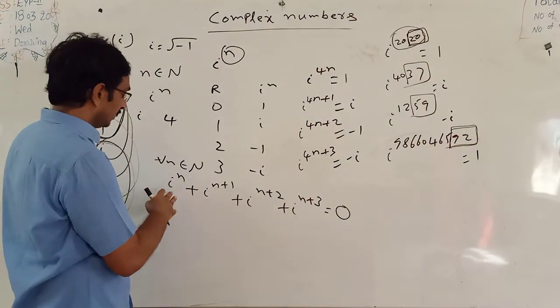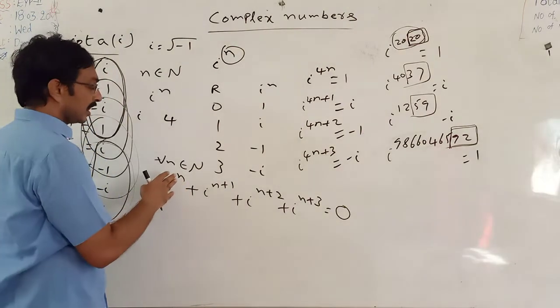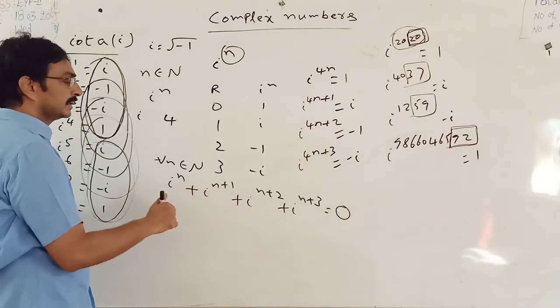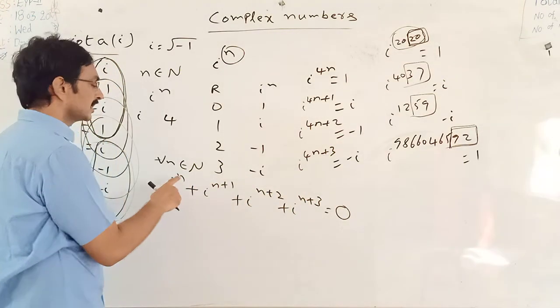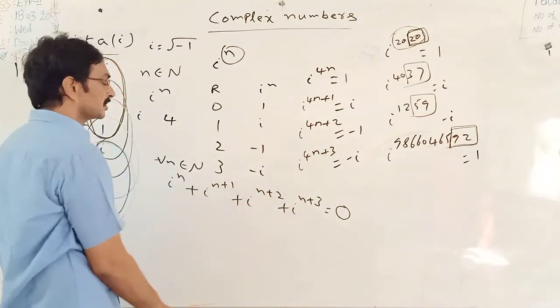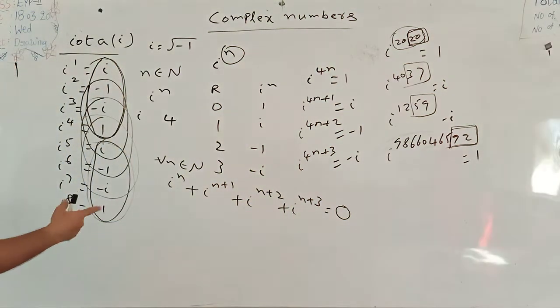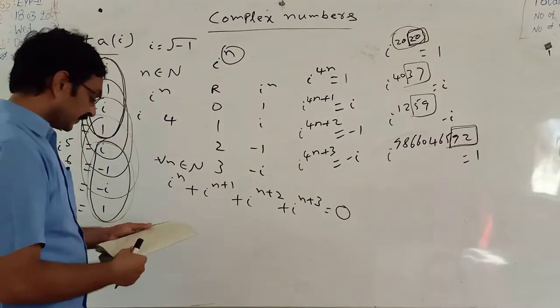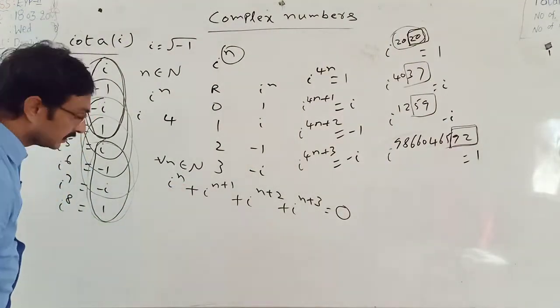The sum of consecutive integral powers of i is always 0. These are always consecutive positive natural numbers or integers. So by using this one, see the problem based on this one.